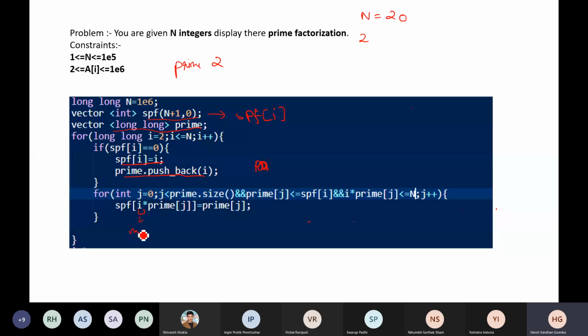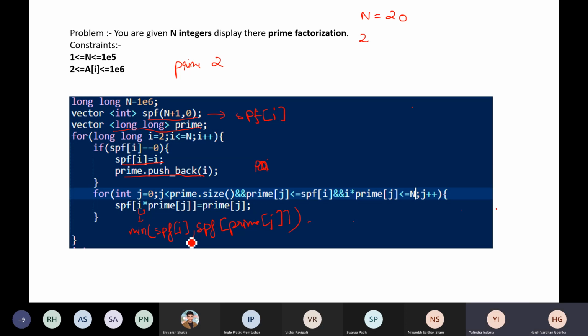It will be the minimum of SPF of i and SPF of prime of j. Basically SPF of prime of j is prime of j itself. Everybody understood why this comes out to be true?